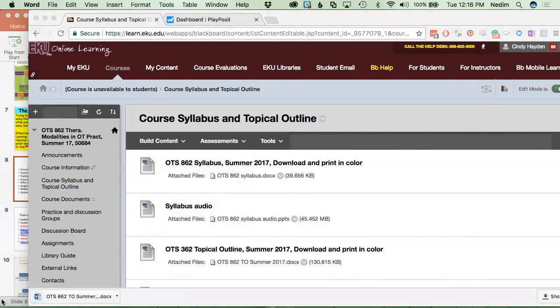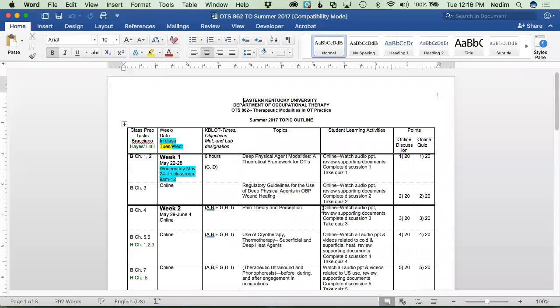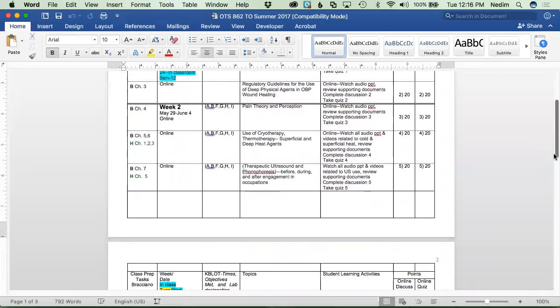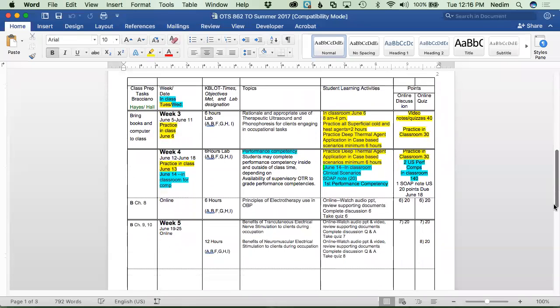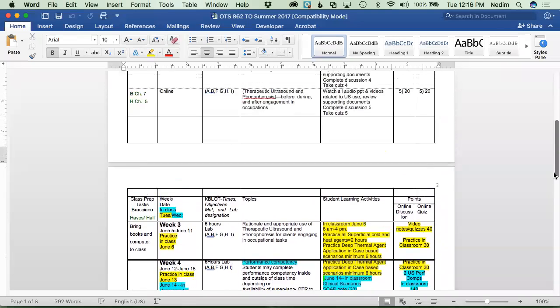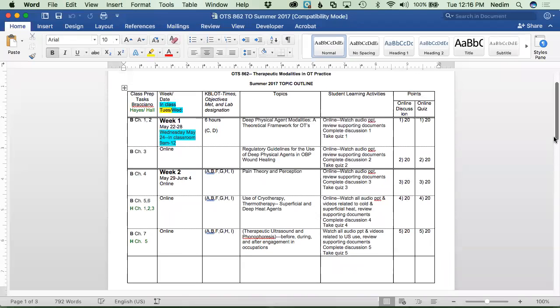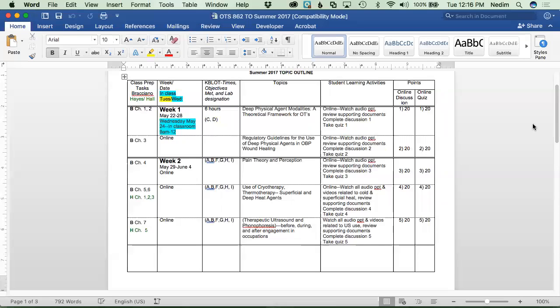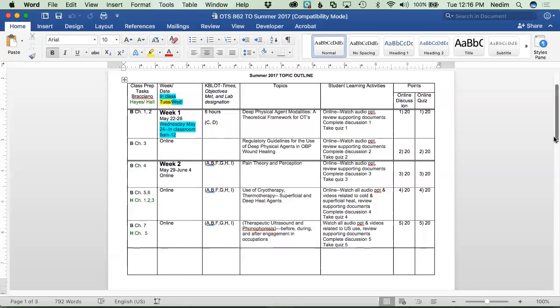All right, I want to pull up my topical outline, and I do color code everything. Things that are done in class, I put in a different color so they know that that's in class. I also have it written out, but I tend to color code it. This course also meets our state requirements for a specialty license in the use of modalities, and this extra column is how we meet those criteria.